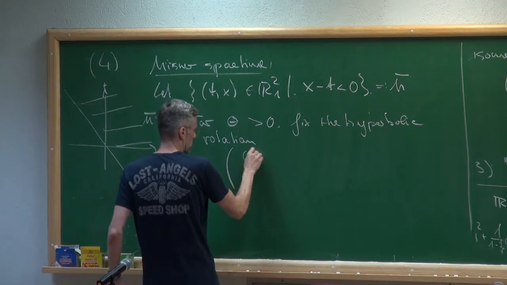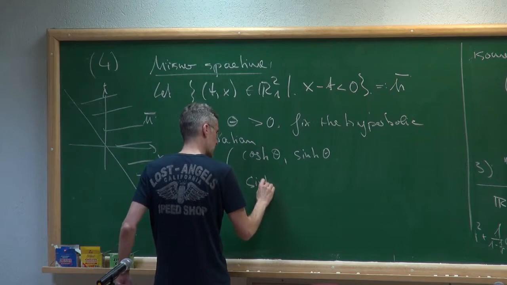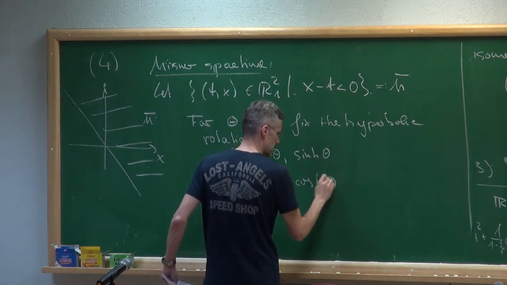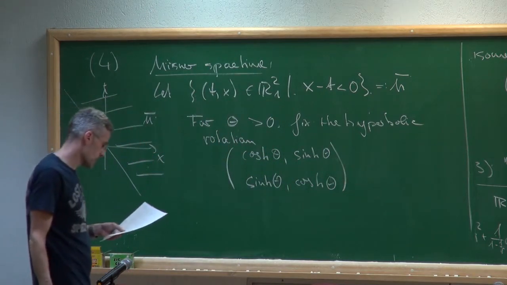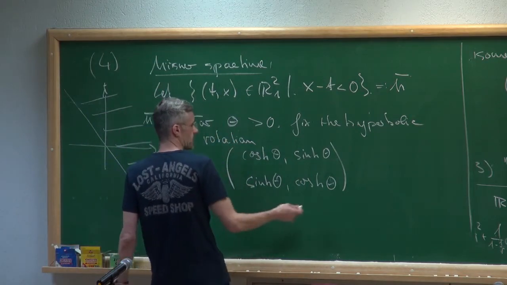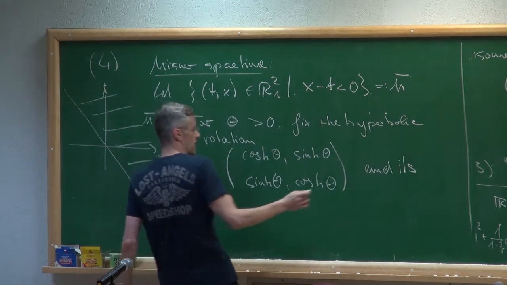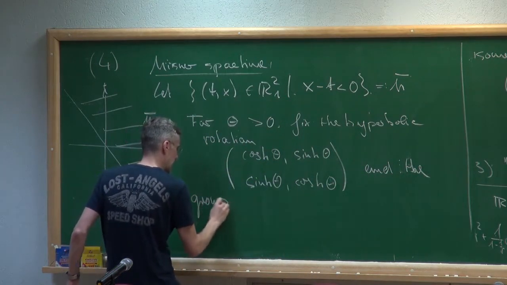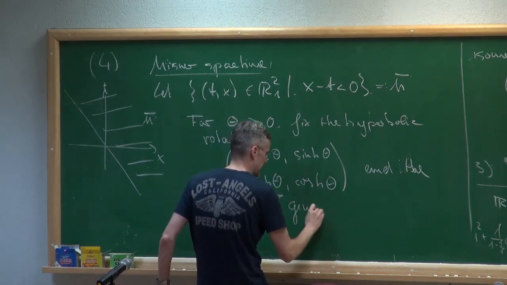It's cosh theta, sinh theta, sinh theta, cosh theta. You know those things from hyperbolic geometry. And look at the hyperbolic rotation, and the group generated by it, the group Gamma, which is nothing but Z, generated by it.